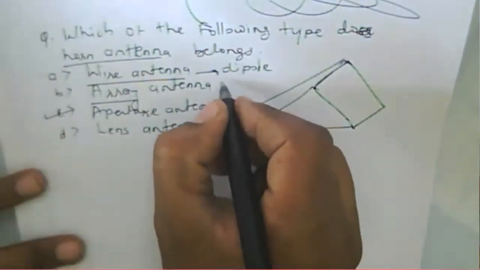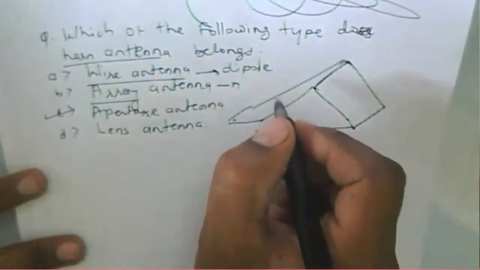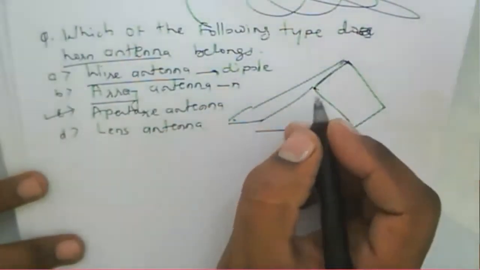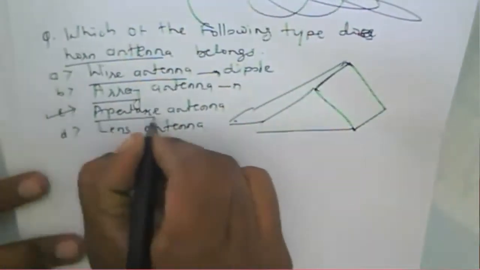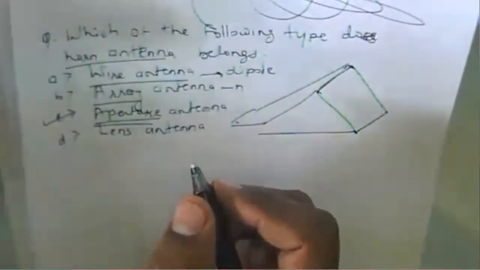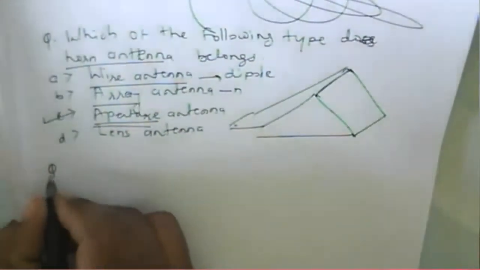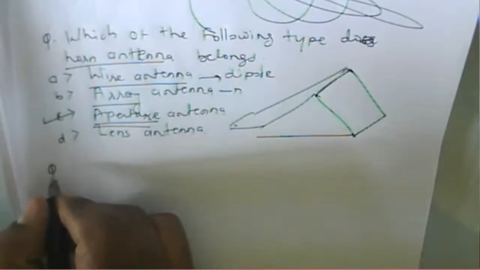An array antenna means there will be n number of dipoles, or n number of patches in a microstrip. So the answer is aperture antenna.